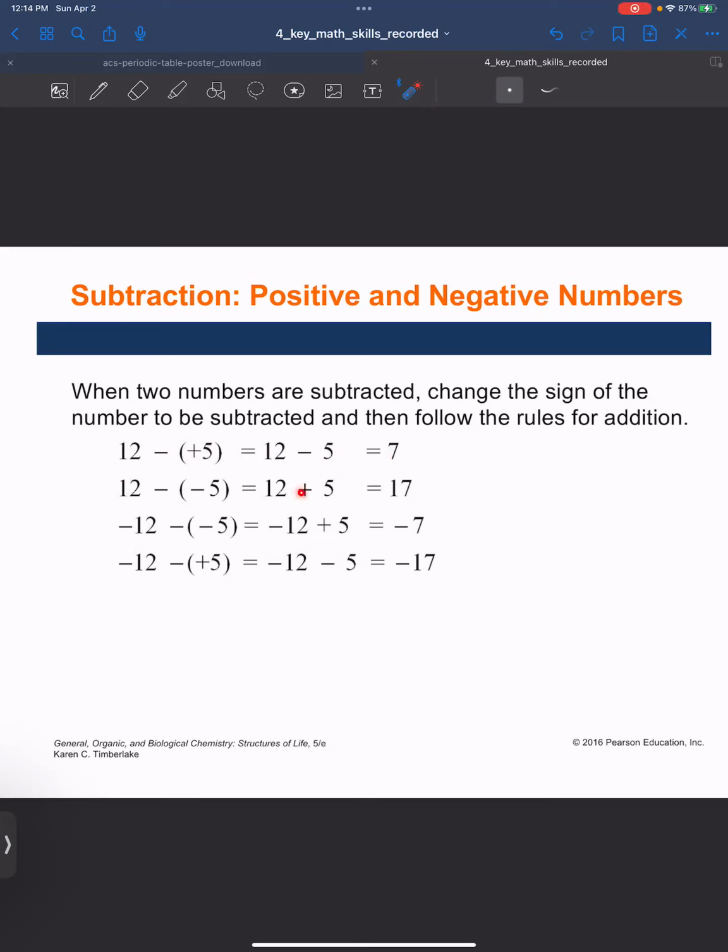So that's changing that sign. So 12 plus 5 is 17. If we have -12 minus -5, once again, this changes to positive. So 12 minus 5 is 7, but the negative goes out in front of the 7 because 12 is bigger than 5, so -7. And then -12 minus +5, once again, this turns into negative. So you end up with -12 minus 5, which ends up being -17.